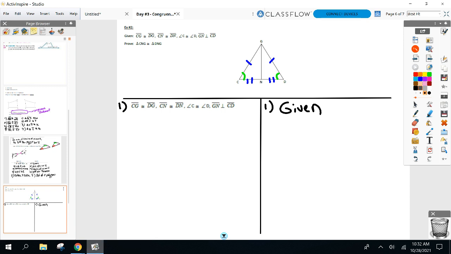All right, right away. What did I give you? How many sides was already given to you? 2, right? I already gave you 2 pair. How many do you need though? 3. And some of you guys didn't have a third pair written down. You have 1 pair, 2 pair.